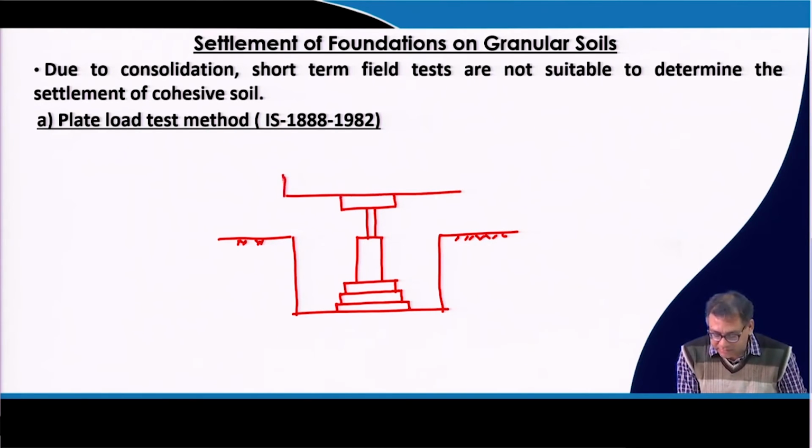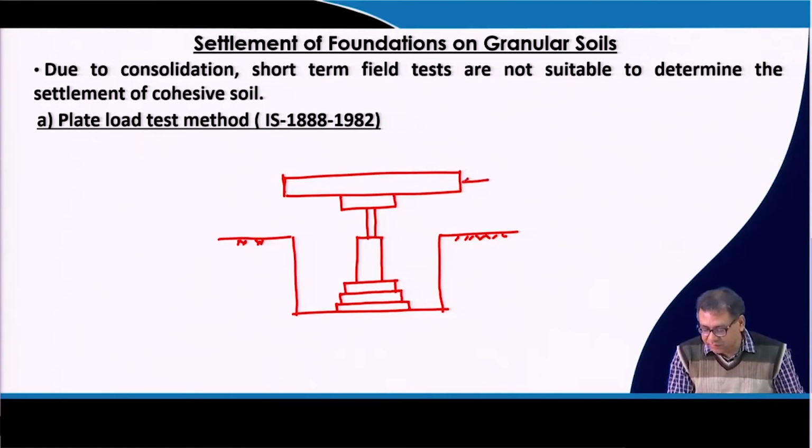So this is the reaction frame that we will use. Basically we will apply the hydraulic jack, and the pressure will be applied through this reaction frame on the plate.